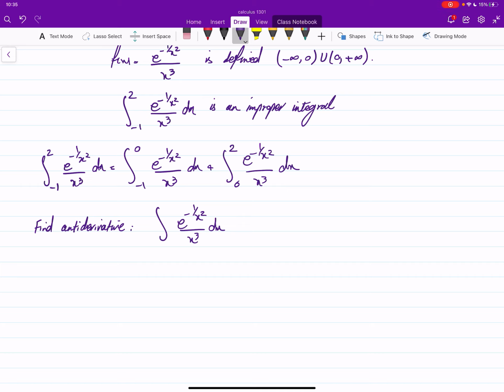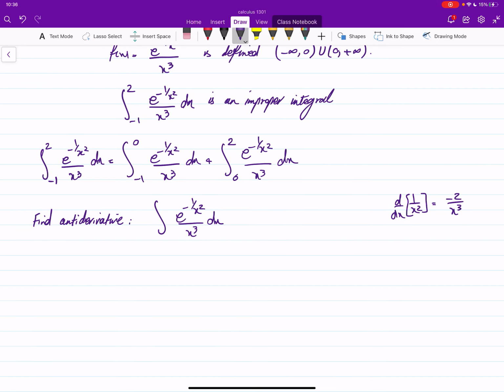What you notice here is that the derivative of 1 over x squared is negative 2 over x cubed, and it is somehow here. You see 1 over x cubed is there. If I multiply this whole thing by negative 2 and divide by negative 2, we have everything set up nicely, because this will give us e to the power u and du.